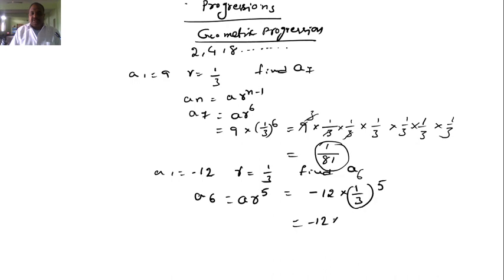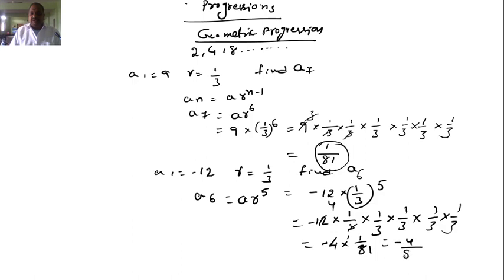Minus 12 into 1 by 3 into 1 by 3, five times of 1 by 3. 3 fours are 12, so minus 4 into 1 by 3 power 4, which is 81. That is equal to minus 4 by 81.